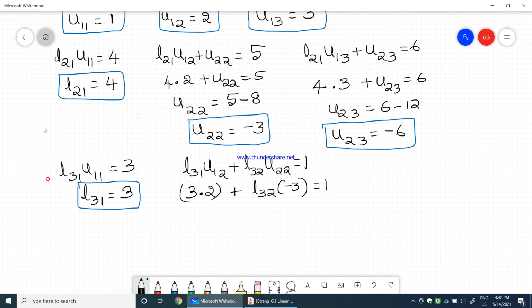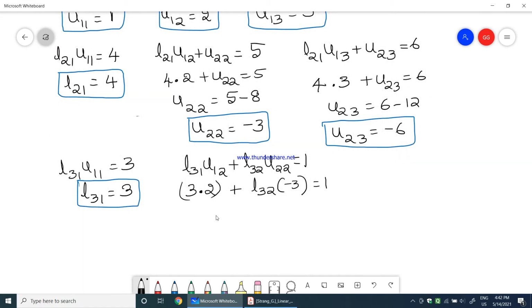So 3 into 2 is 6. Therefore minus 3 times L32 equals 1 minus 6, which is minus 5. Therefore L32 equals 5 by 3.